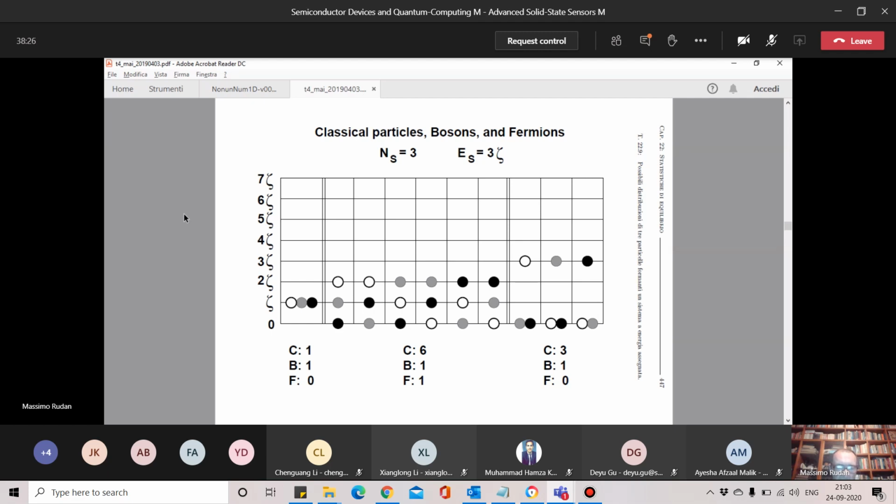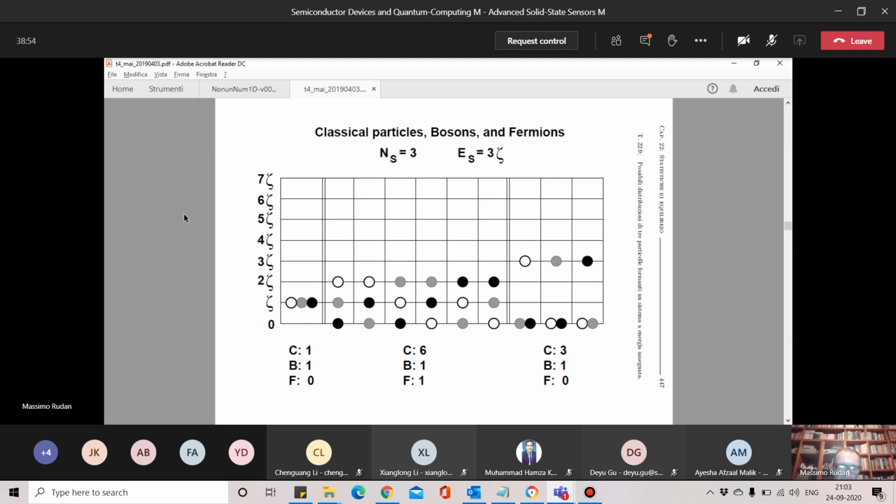When we have a system made not of 3 particles, that is the easy example, but of a large number of particles, and this system is made of electrons, we find the equilibrium statistics exactly in the same way. We just place the electrons in the available energy state.